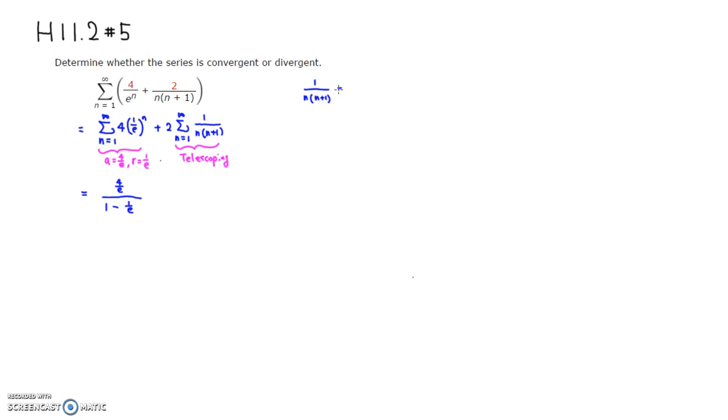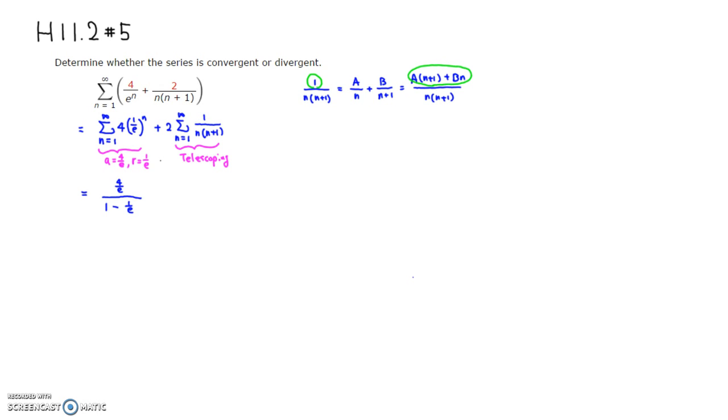We can split this into a over n plus b over n plus 1. We can put them back together: you have a times n plus 1 plus b times n, over n times n plus 1. So we need to match the numerator on the left and the numerator on the right.